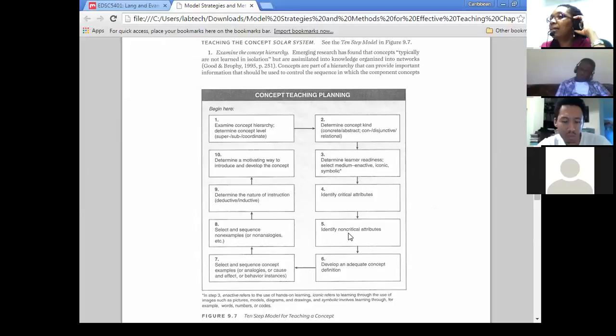And sometimes this takes place because of the way we present the concept. So for example, let me give you an example. You tell a story or you use an analogy to show how it is that bonding takes place. And you just happen to use a marriage as your analogy.